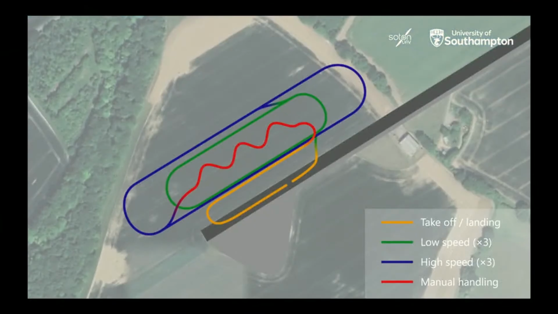We test the system in a couple of stages, some of which in the lab, which we'll talk about in a second. But when we get to the flying field, we have about 3 phases of, I'm going to say, semi-automated flight test. And if we ignore the takeoff and landing sections, we put them into a low-speed race course.